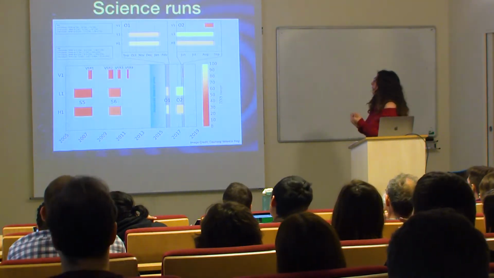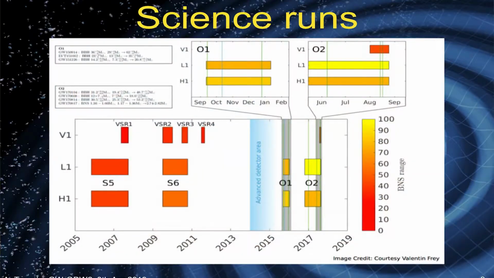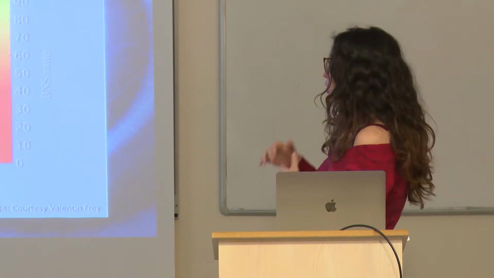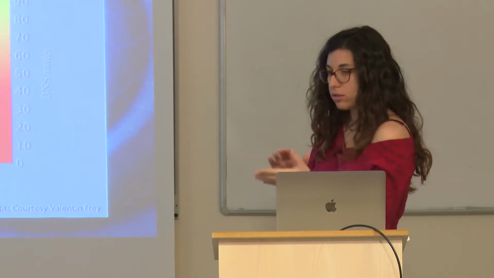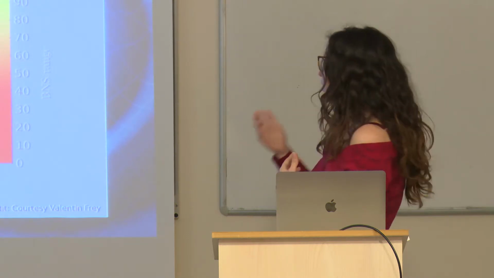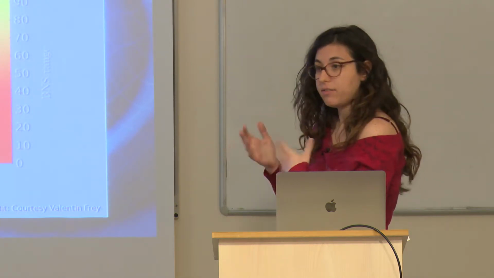So as has already been discussed, we have had different runs of data taking. And the last two, O1 and O2, so the first and the second observing runs, were the ones when we reached enough sensitivity to detect events.